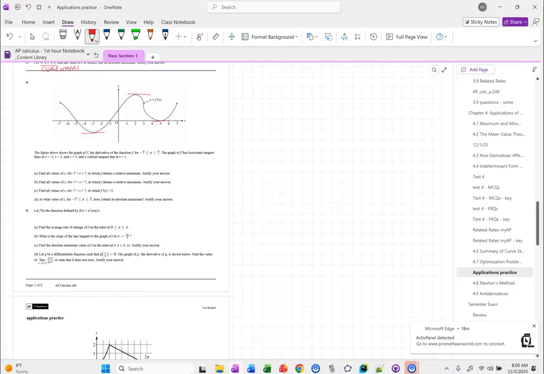Okay, so if I want my relative minimum, what do I need to look at? The critical values. What are the critical values going to be?